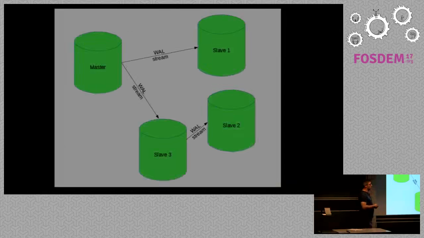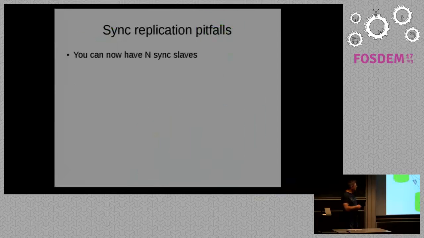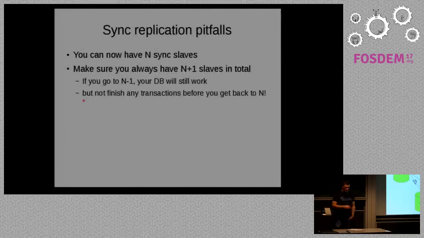If you have synchronous replication like this, if you configure all 3 of these slaves to be synchronous replication slaves, there are some implications. Like when one falls down, your DB will still work and it will still serve read-only requests, but every commit will hang until you have enough synchronous slaves again.